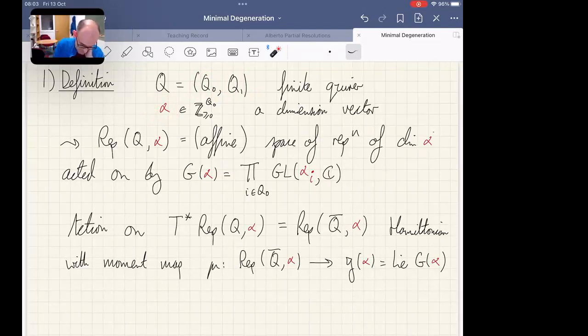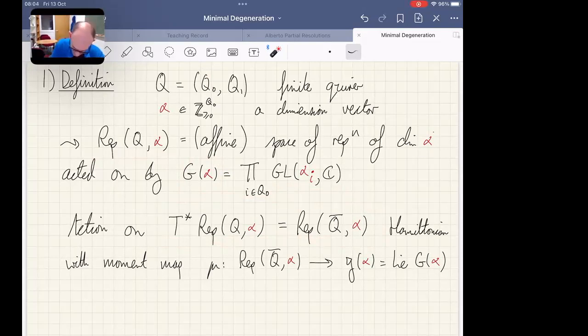Okay, so of course, from this, you can look at the space of representations of your quiver of dimension alpha. And this is acted on by the group G alpha, which is just the product of the general linear groups at the vertices. And of course, the thing that we really care about is that from this, you get an action on the cotangent bundle to this space, which you can identify with representations of the doubled quiver Q bar.